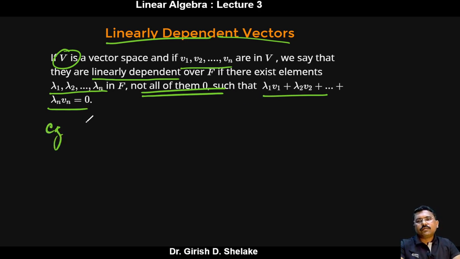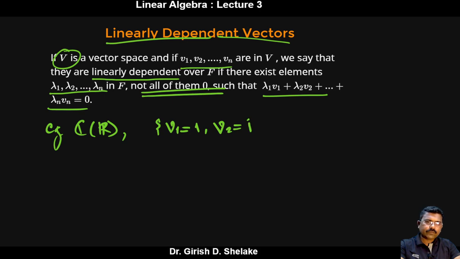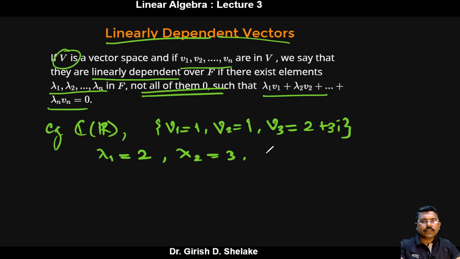For example, if we consider the vector space C over R, and the set which contains the vector v1 equal to 1, vector v2 equal to i, and another vector v3 equal to 2 plus 3i, in this case it is possible to find the scalars. Suppose lambda 1 is equal to 2, lambda 2 is equal to 3 and lambda 3 is equal to -1.